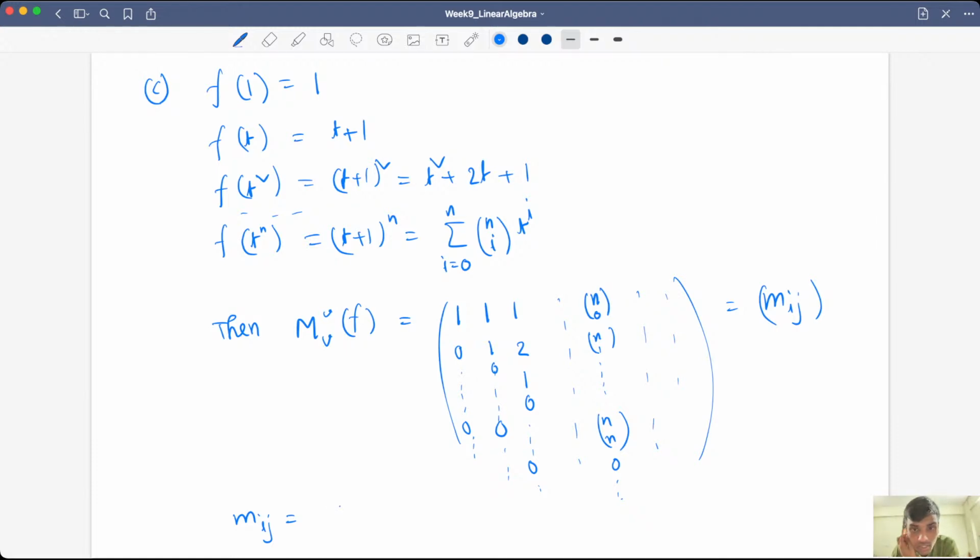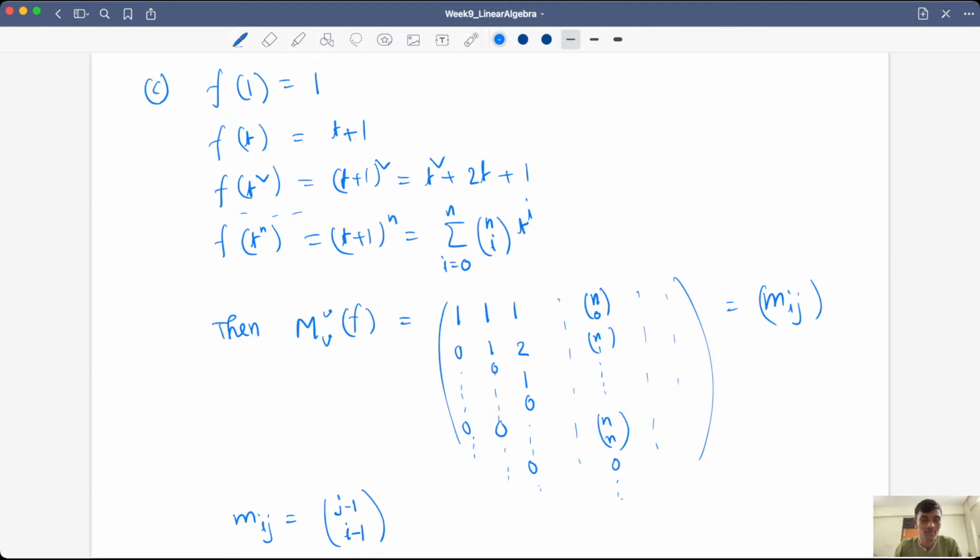So this is basically the nth column; when I'm considering n0, n1, this is actually the n plus 1th column, right? So for the jth column you will have j minus 1 choose i minus 1, because this is the first row. For example, this is 1, 1, this is 0 choose 0, so that is 1, not defined although, but for this entry you just take it to be that.